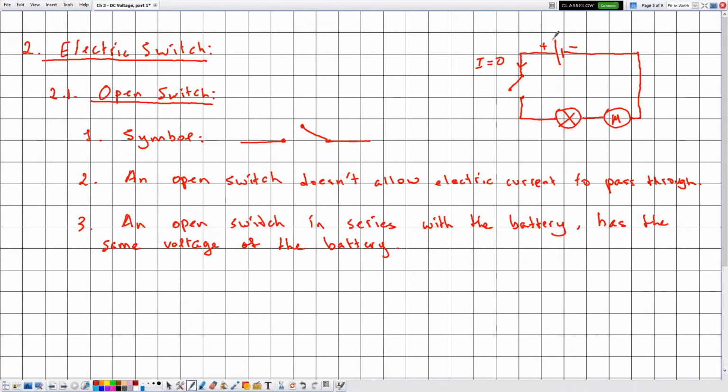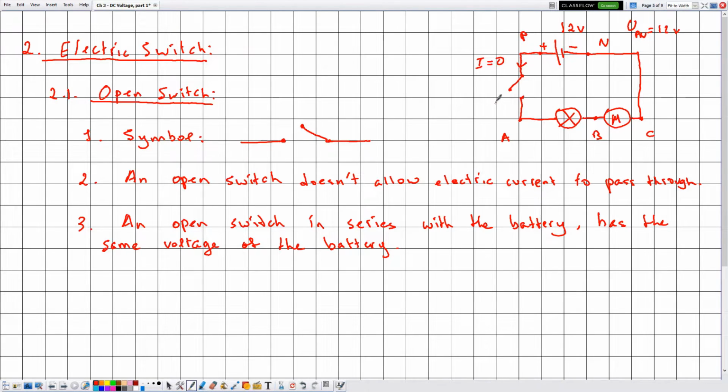Now suppose that this battery is of 12 volts. Let's name this point to be the point P. This is to be N. This is A, B, C. Now we have that UPN is equal to 12 volt.